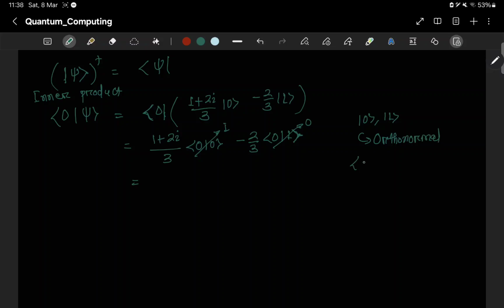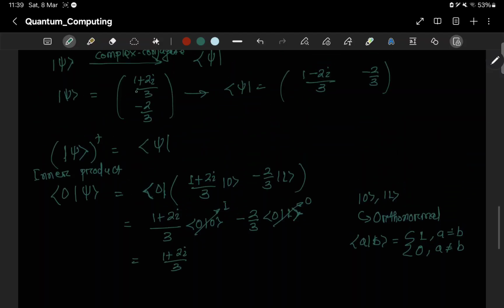That means if we represent them as <a|b>, then it will become 1 when a and b are equal, and it will become 0 when a and b are not equal. So they are orthogonal and also normalized. Normalized means their magnitude is equal to 1. So we'll get (1 plus 2i)/3, which is nothing but the coefficient related to the zero index of this psi ket, which is the coefficient of the zero ket.